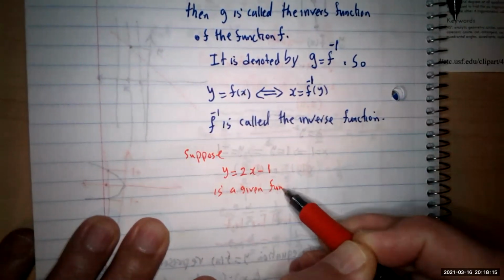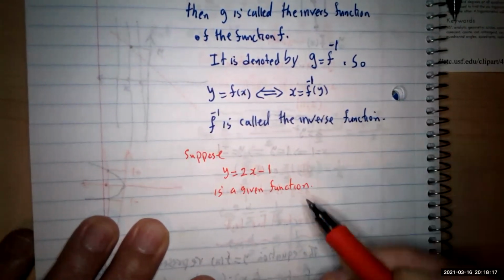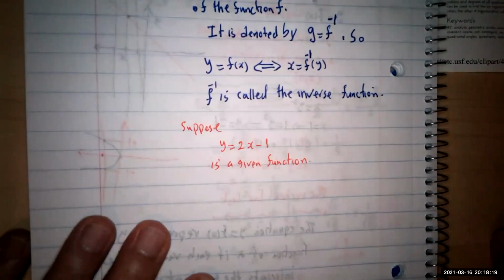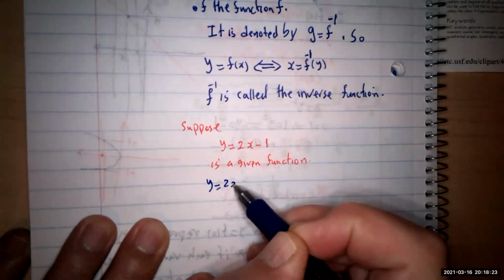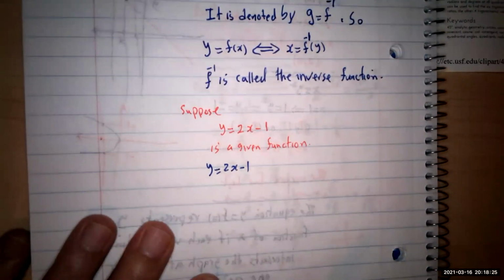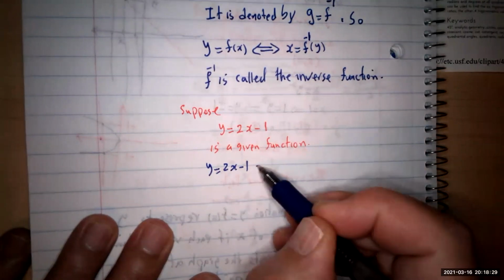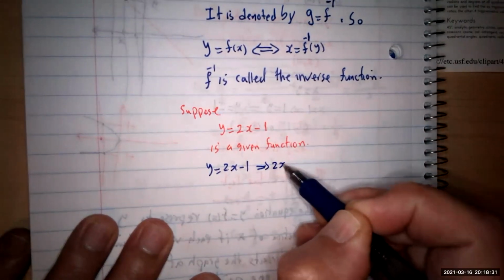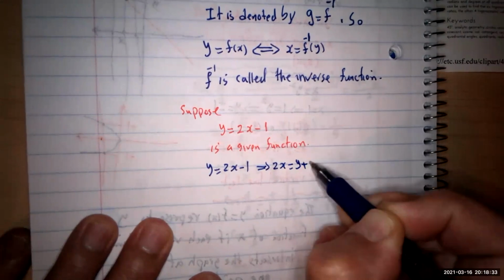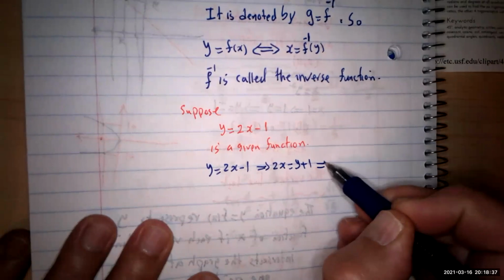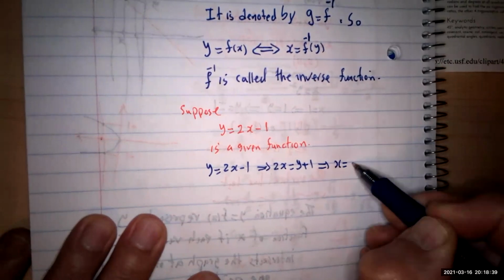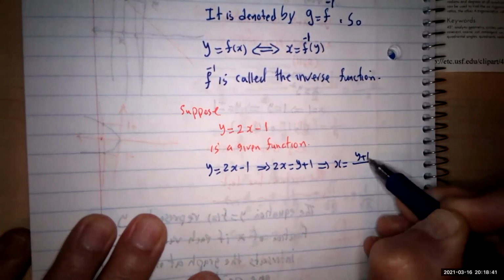If you want to find the inverse, solve for x. Then 2x equals y plus 1, and you divide, so x equals y plus 1 over 2.